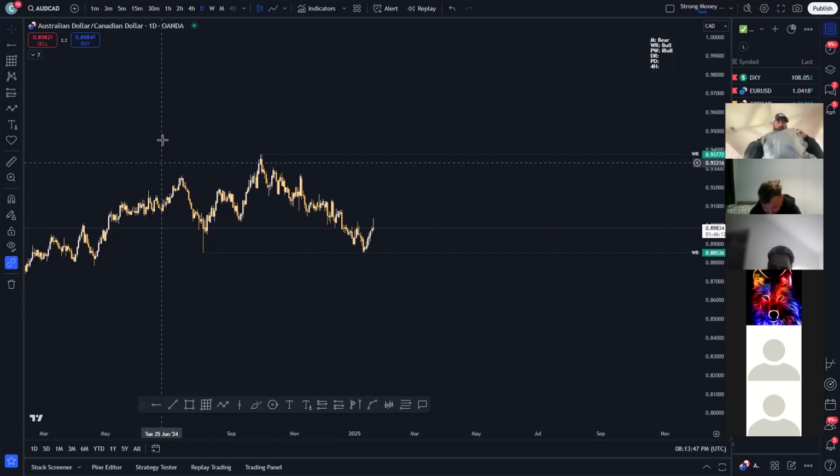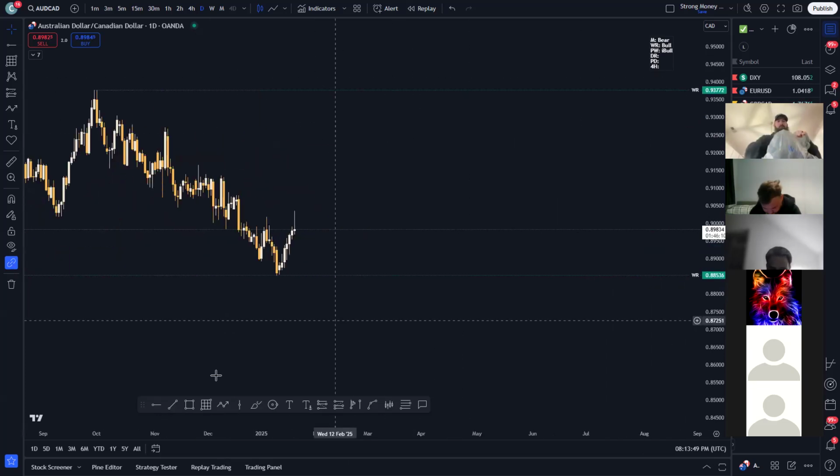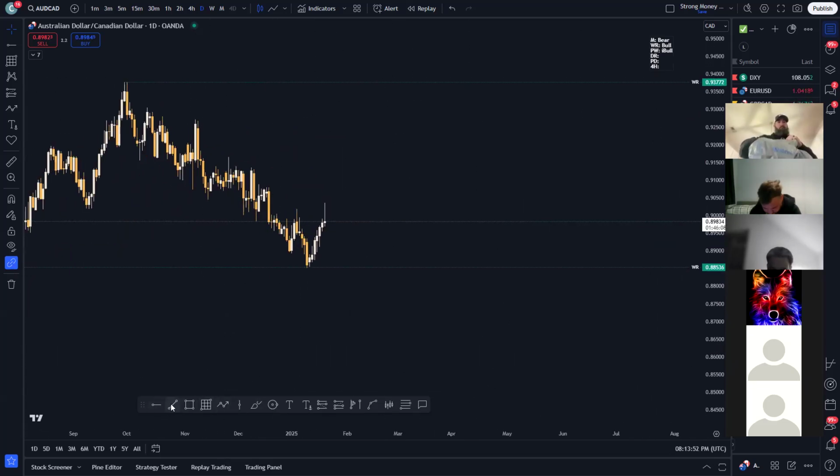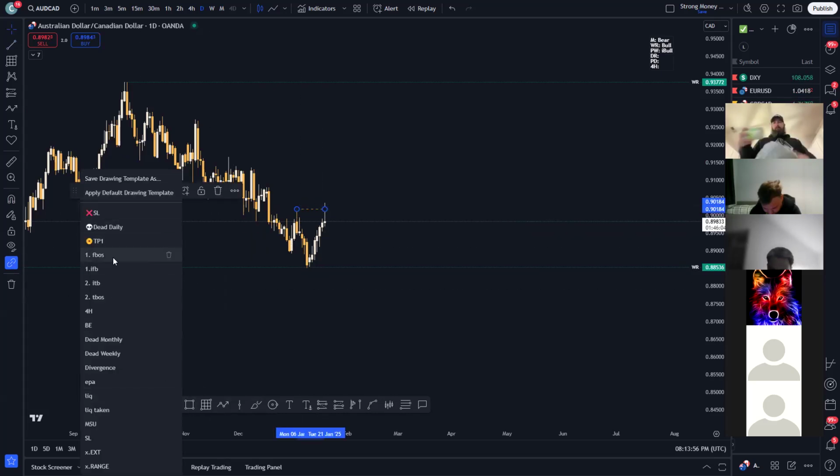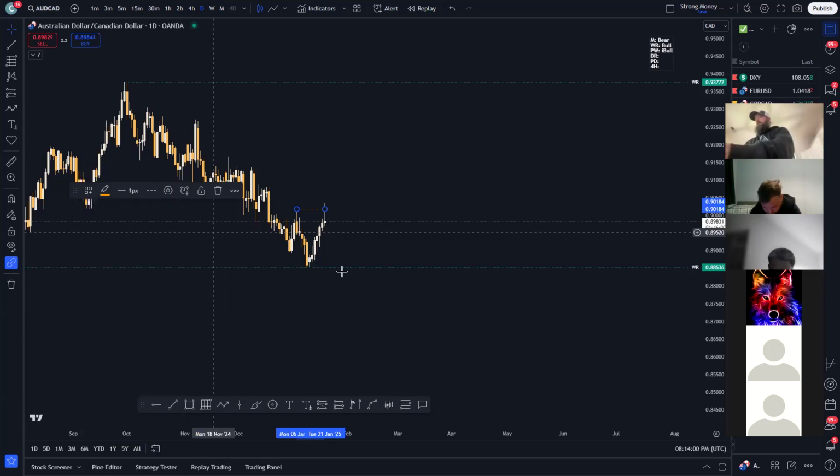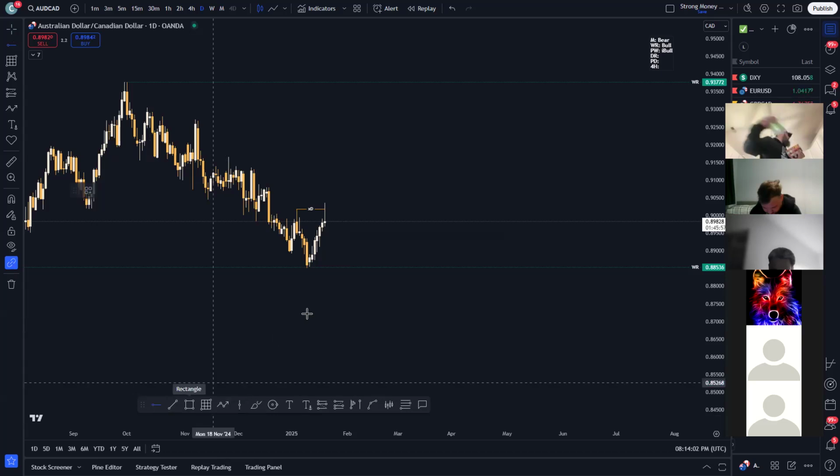So this was before we spoke last week, but sorry, at the start of this week. Everything on that 4 hour at the moment is bearish. The 1 hour is bullish, but we've had the nice sweep of the 4 hour range.